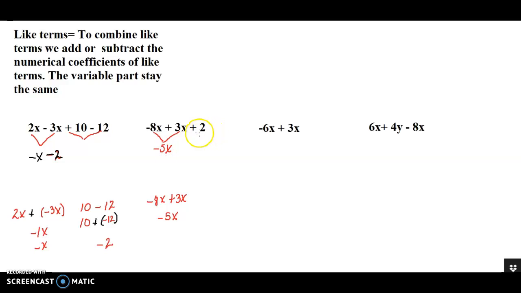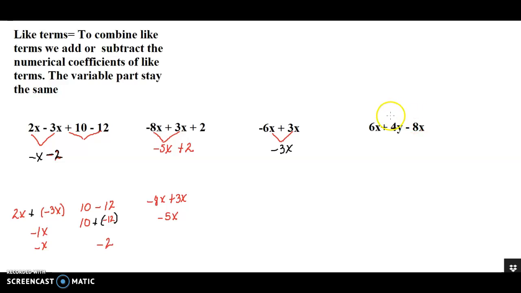Now, I don't have anything to combine the 2 with, so it's just going to come down. So, plus 2. Okay. We're asked to combine negative 6x plus 3x. Yes, you should have come up with a negative 3x.